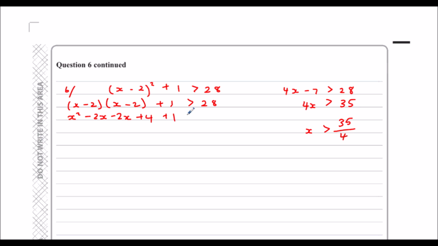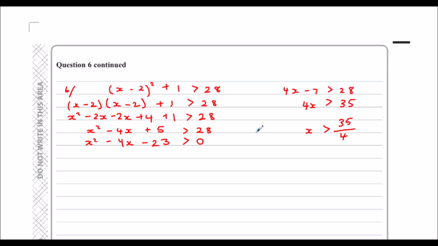And we've got plus 1 is bigger than 28. So we've got x squared minus 4x plus 5 is bigger than 28. We want to make it equal to 0, so let's take 28 away from both sides. x squared minus 4x minus 23 is bigger than 0.